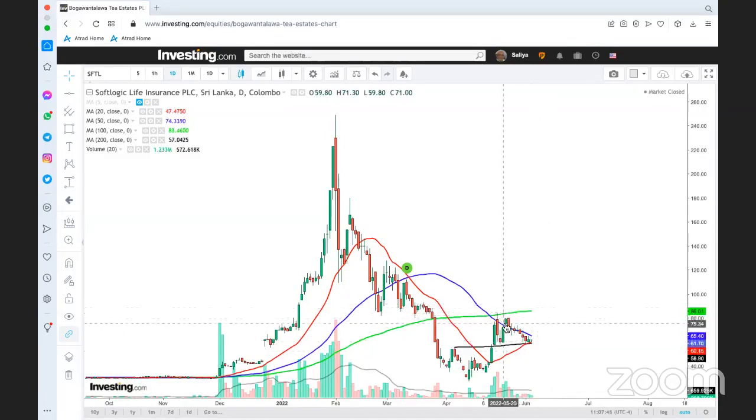So still it's forming. As a result of that, it has not gone above all 4 moving averages.